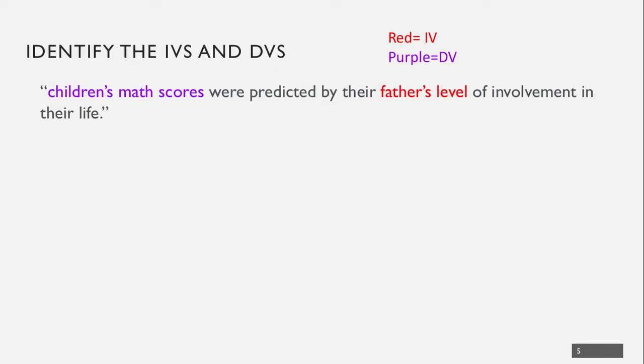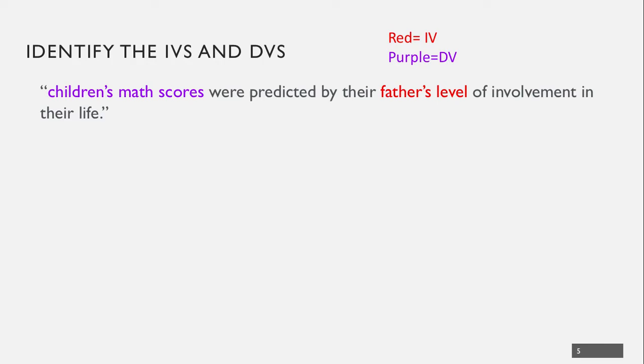Okay, so children's math scores was the dependent variable, and father's level of involvement was the independent variable. So they think children's math scores were going to be impacted by father's level of involvement. Father's level of involvement was going to cause children's math scores.